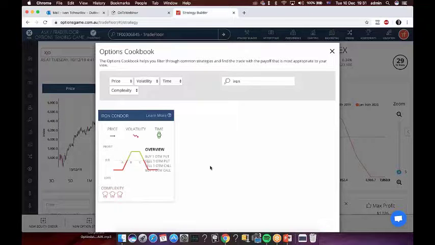In all of these payoff diagrams, the current price is in the middle of what you could call an X, with lines straight down and straight across.